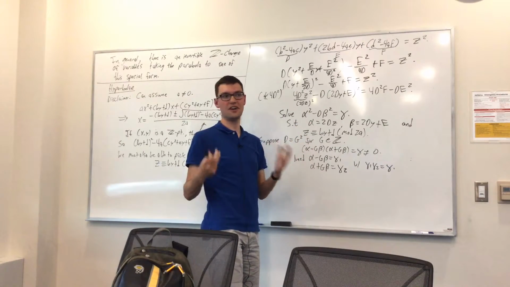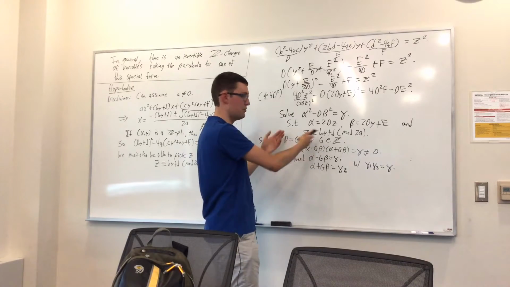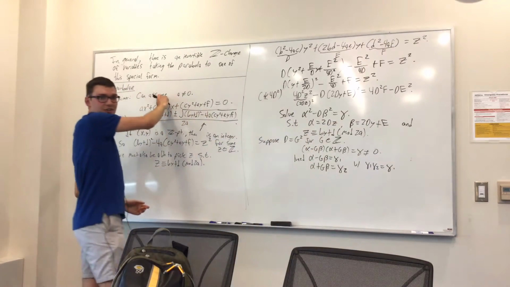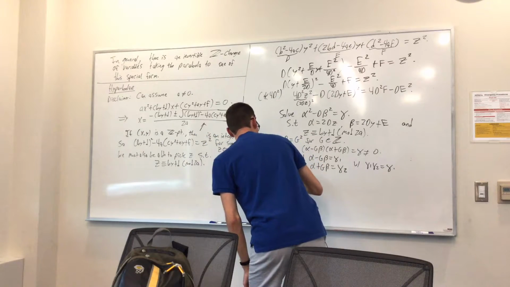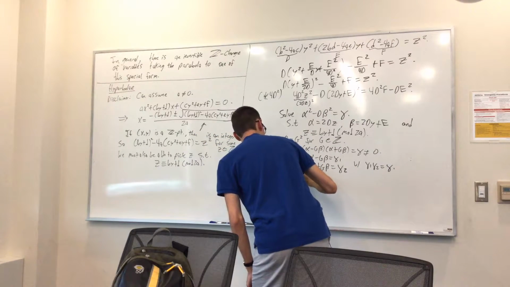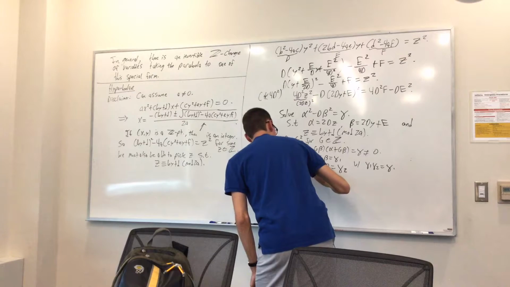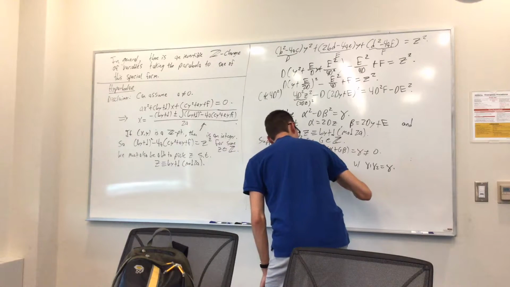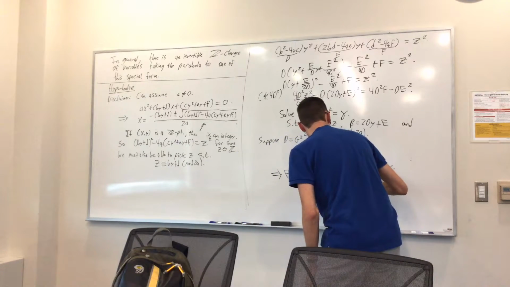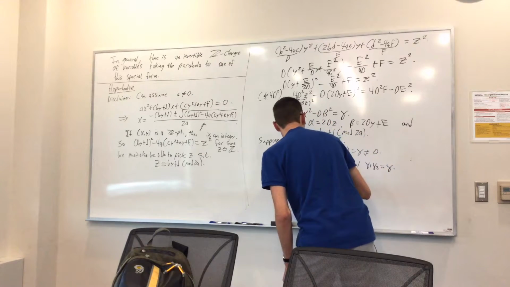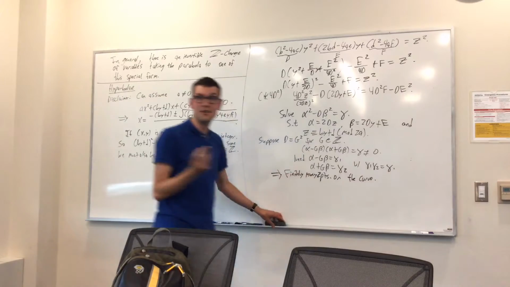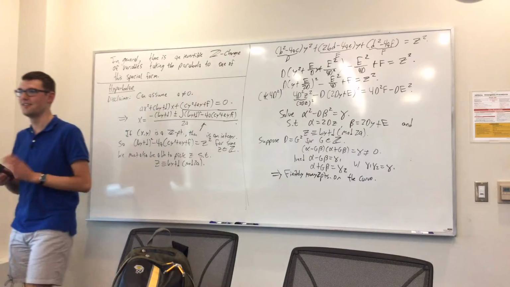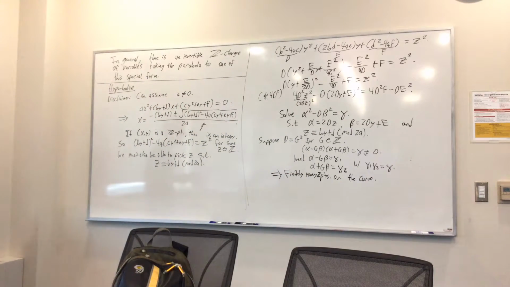So we conclude there are finitely many possible alpha, beta, therefore finitely many points on this curve. So that deals with the case where our discriminant is a perfect square.